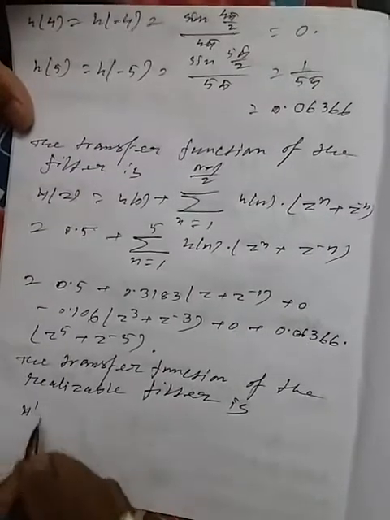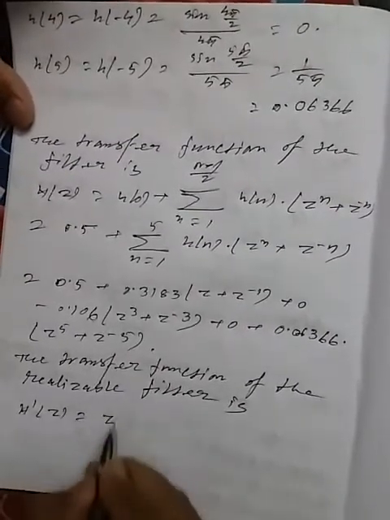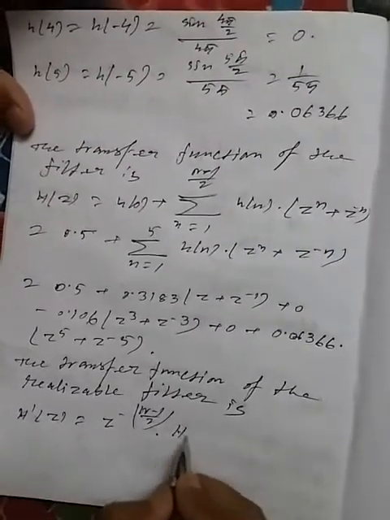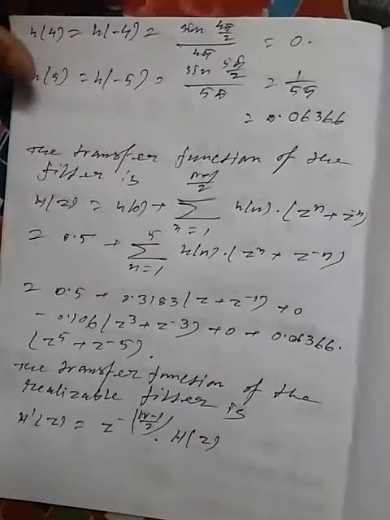Okay, so H dash z will be equal to z to the power minus (N minus 1) by 2 into H(z).